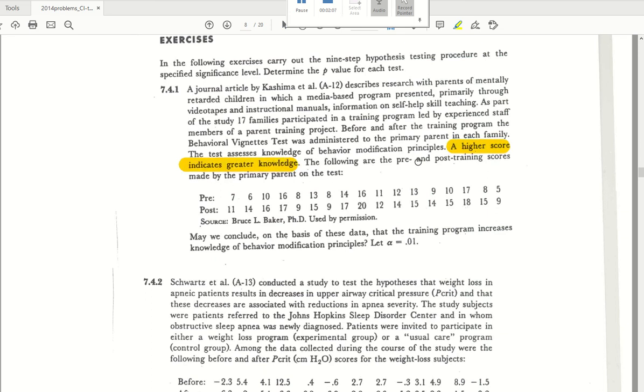And the following are the pre and post-training scores made by the primary parent on the test. So basically what you are provided with is a pre-test and post-test for a certain type of score. And I guess the question is, may we conclude on the basis of these data that the training program increased knowledge of behavior modification principles?